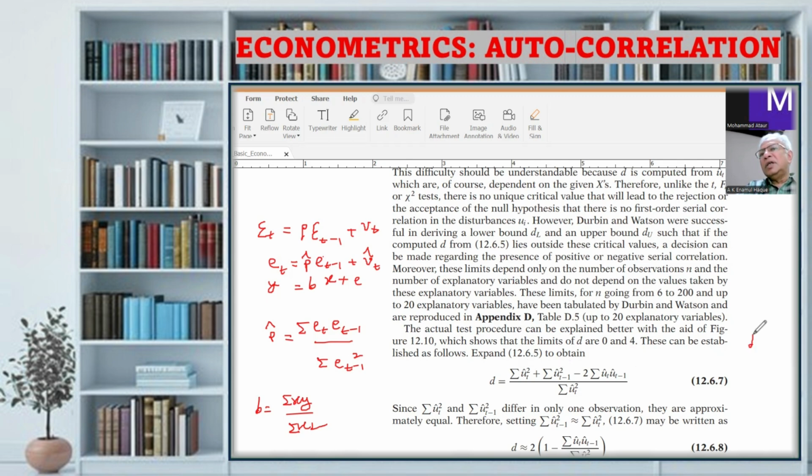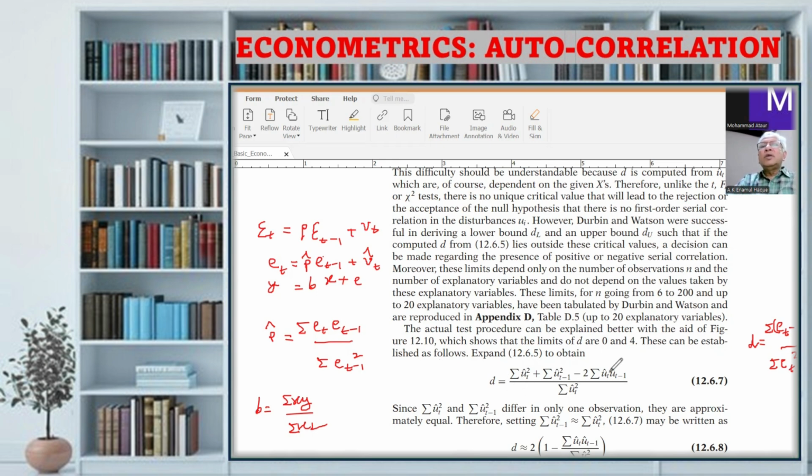Remember, his d was, let me write it down, summation of e t minus e t minus 1 whole square divided by summation of e t square. That was his formula. So he said, look, I'm just expanding it, a minus b whole square. So created this. If you now do this, then you find out very interesting thing.